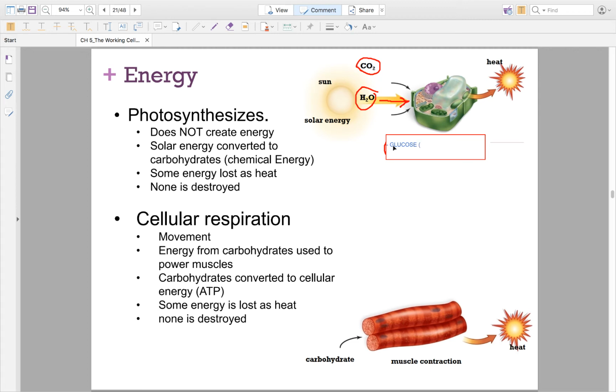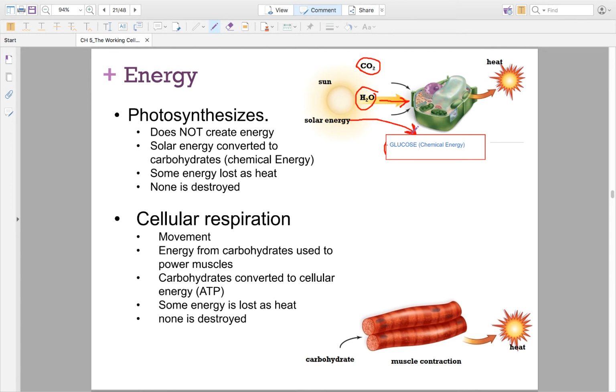Glucose. And glucose is what? Glucose is a form of chemical energy. So that's the energy transformation right there. Solar energy, okay, through photosynthesis is converted to glucose, which is chemical energy.